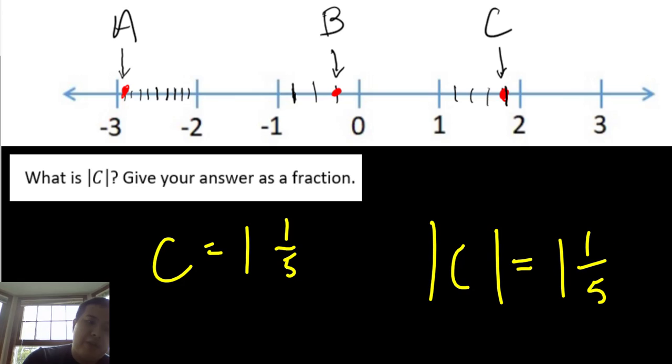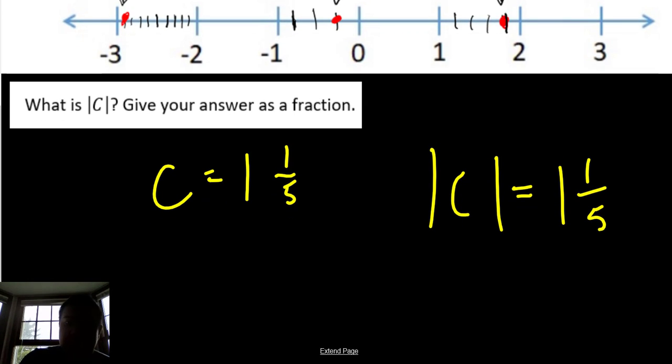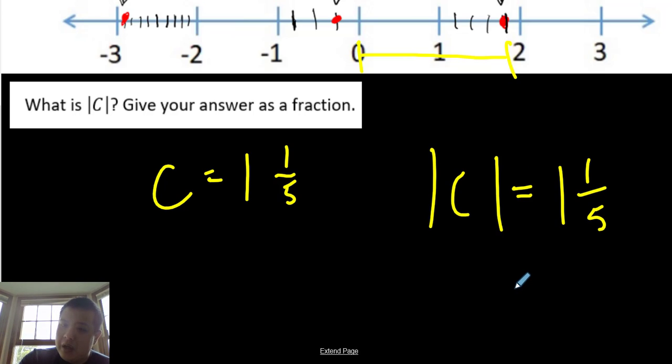We don't make it negative. The absolute value of a number is always positive because it's the distance between 0 and that number. Now, if we want to change this into a decimal, 1/5 is also known as 2/10. So therefore, this would be 1.2 or 1 and 2/10.